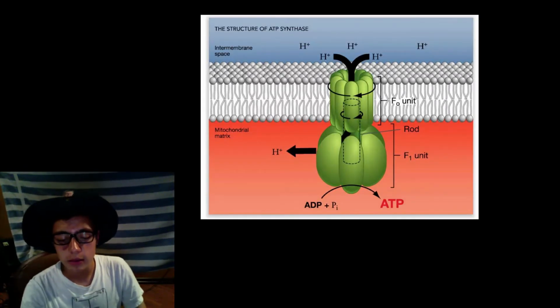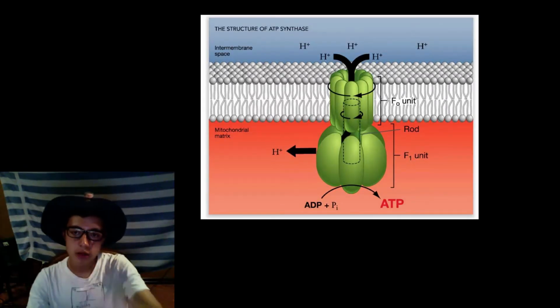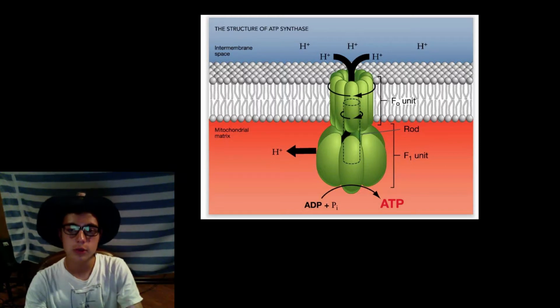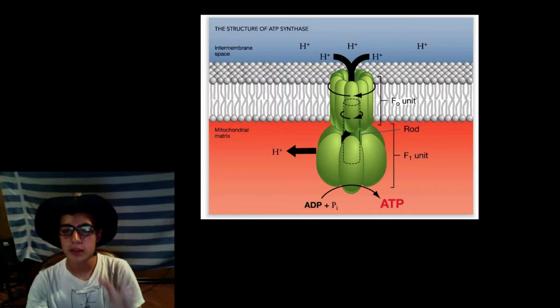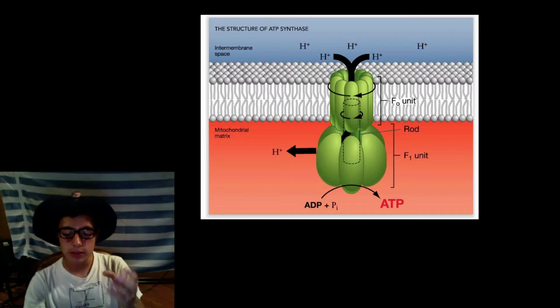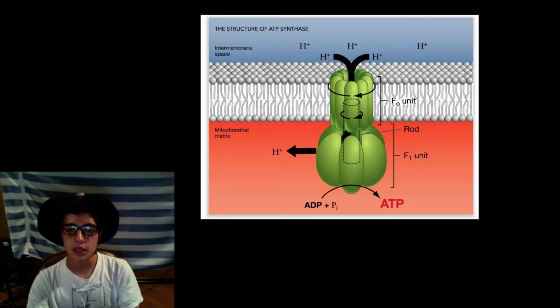So due to that, when the protons are crossing the membrane, they can't diffuse through the cristae membrane itself. But what they can diffuse through is an ATP synthase channel.